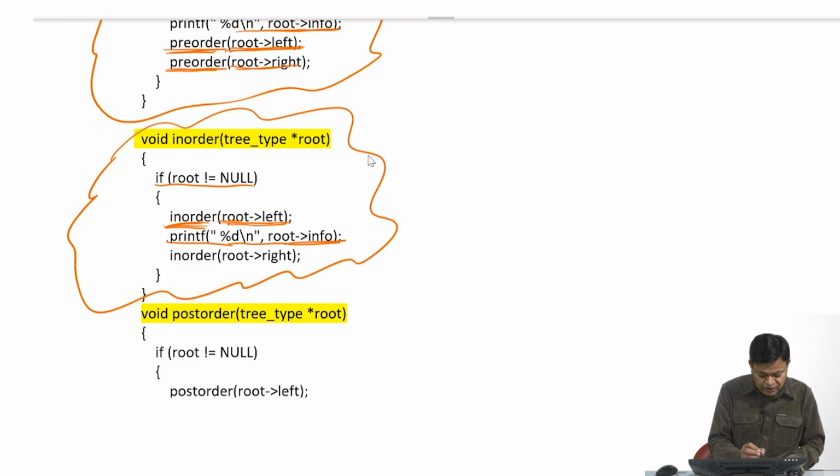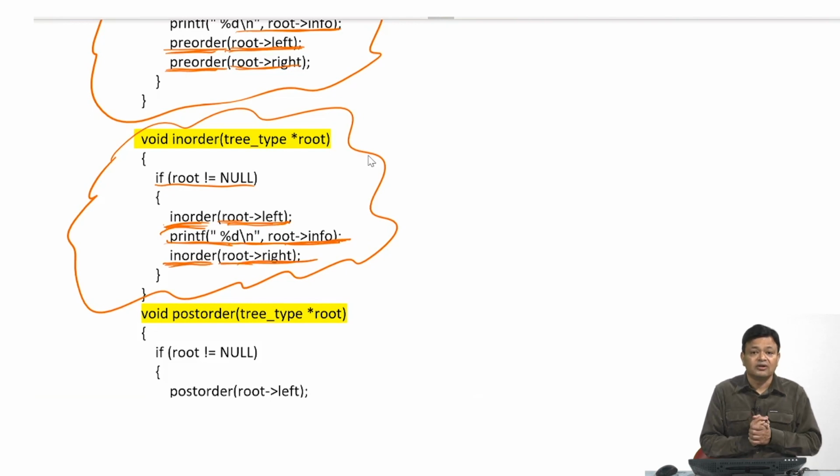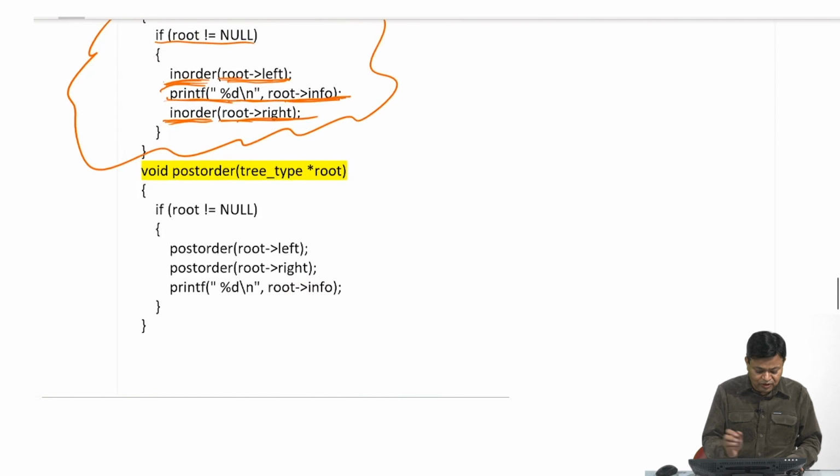So, in the function I write in-order root arrow left first. Once I come back from left, I print the value of root arrow info, which means I process that node, and then I perform in-order on the right child of that particular node wherever I am. That is how in-order works, and similarly post-order also works.